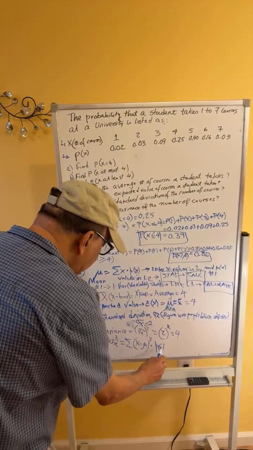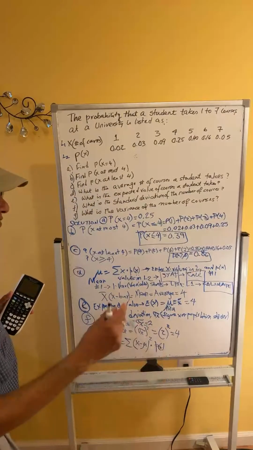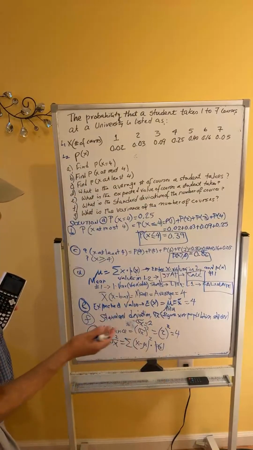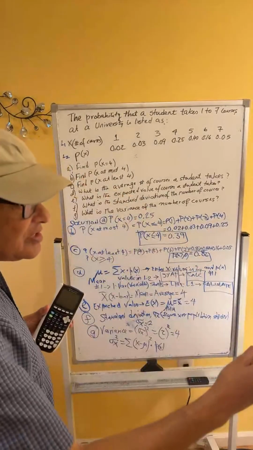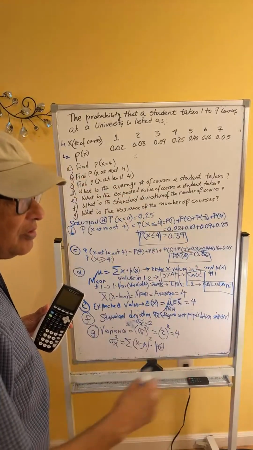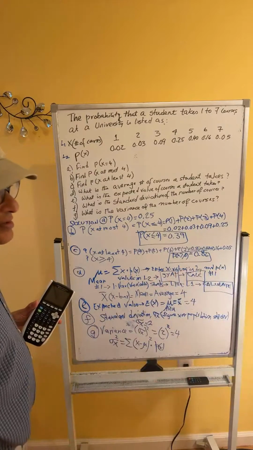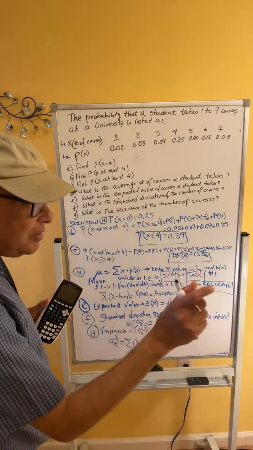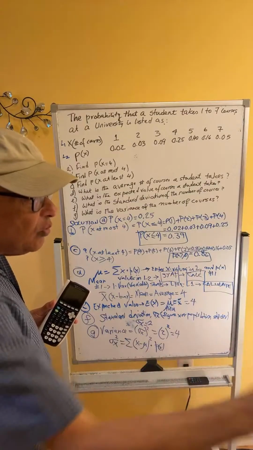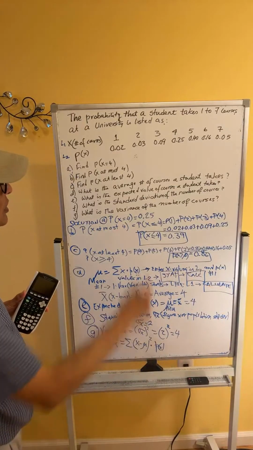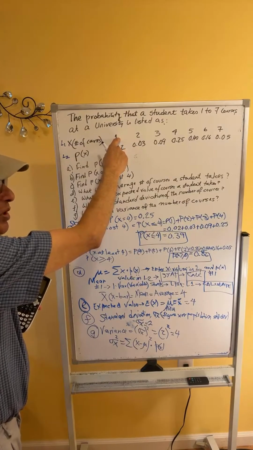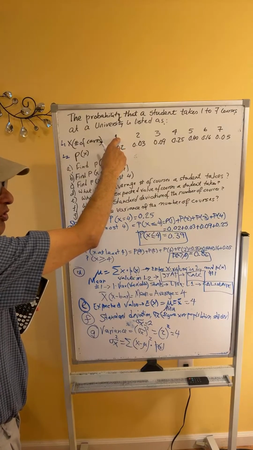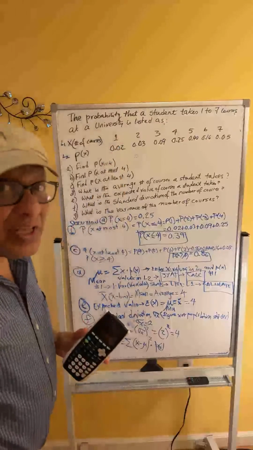So again, what are you doing to calculate the variance? What the calculator is doing for us is, from each value of x, it is subtracting the mean, x minus mu, then squaring that and multiplying the square value with the corresponding probability. So for the first case, 1 minus 4 is minus 3.